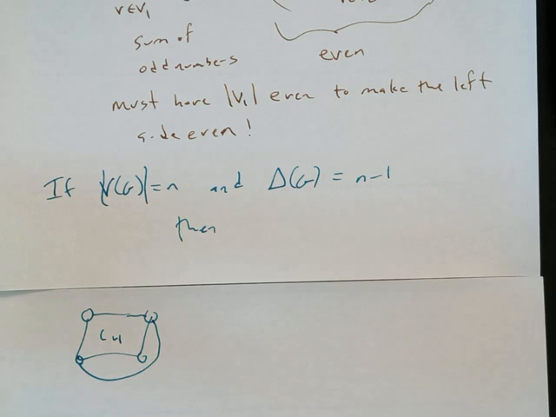Gotta be connected. Because if one vertex is connected to every other, then I can go through that vertex to get anywhere, can't I? As a matter of fact, the distance between any 2 vertices is no more than 2.